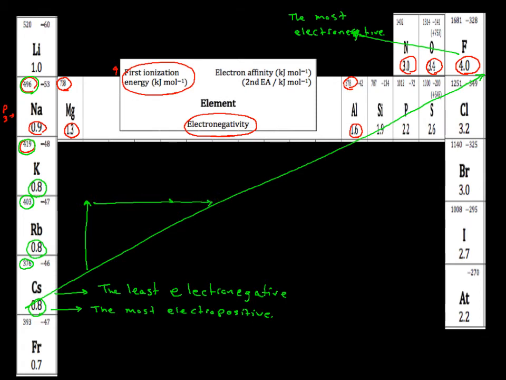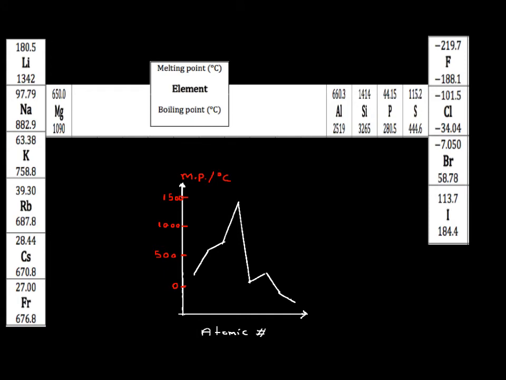Now let's look at one other property, melting point, which depends on the structure and also the attractions among the atoms. We are following period 3. If you look at the first three elements, they are metals. Sodium is metal, magnesium is metal, aluminum is metal. And what they have is metallic bonding.